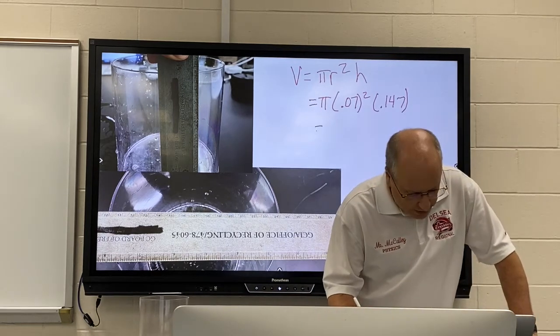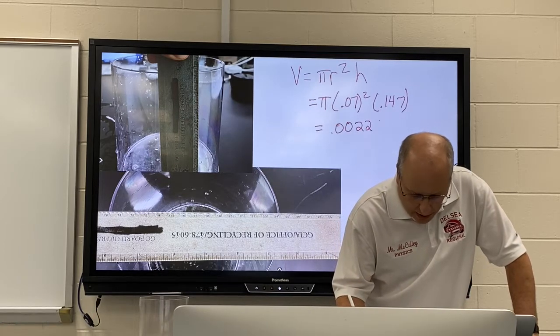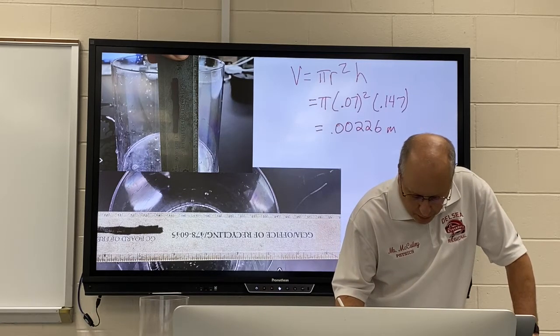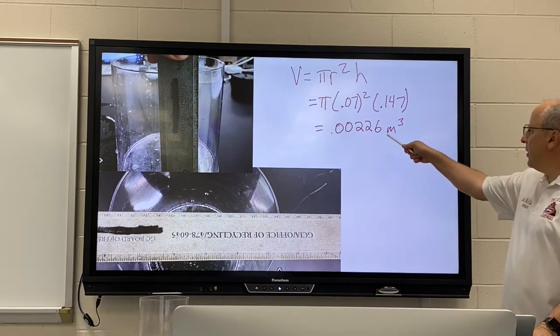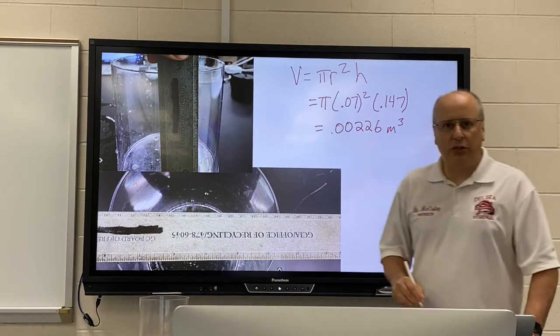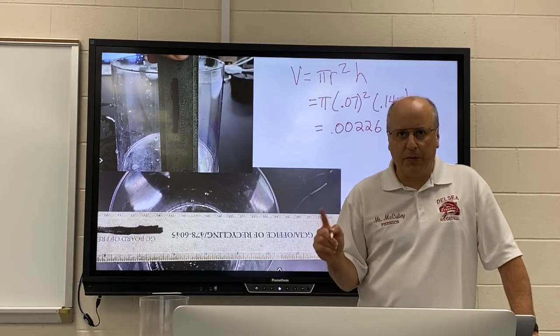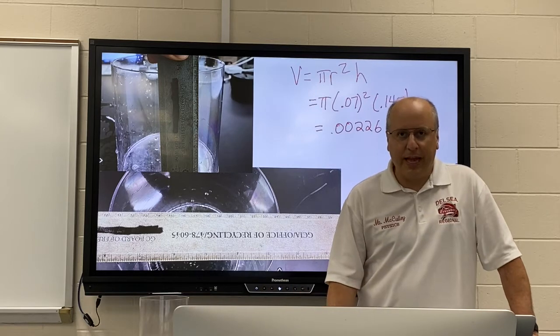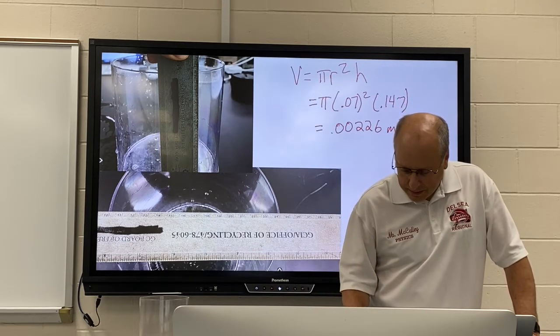Okay, and then we work that out and we get a volume of about 2.26 liters, which is 0.00226 cubic meters. Remember, cubic meters is your preferred unit. In fact, it's the unit you have to use for volume as our standard.